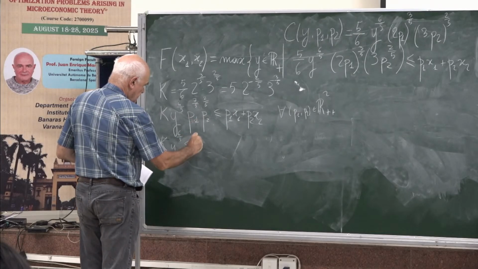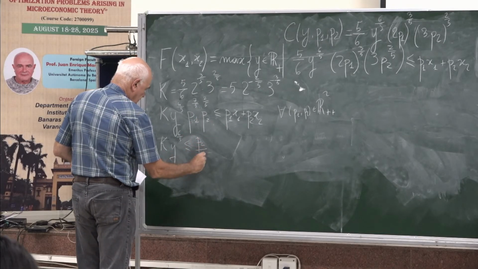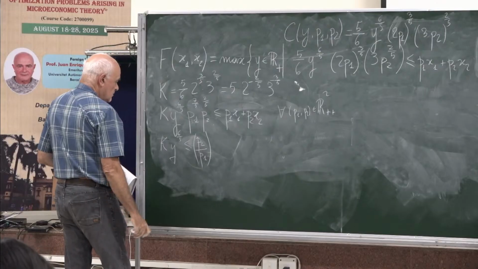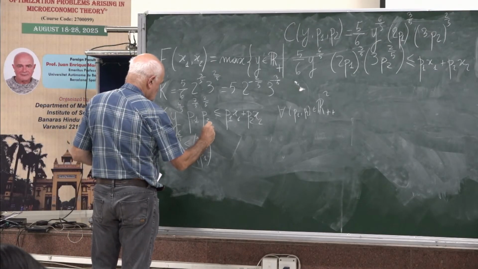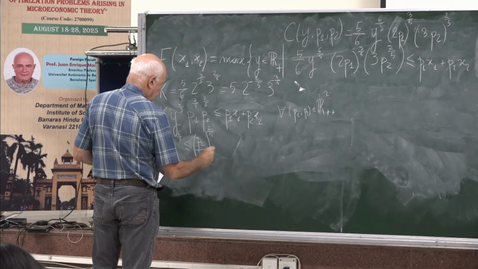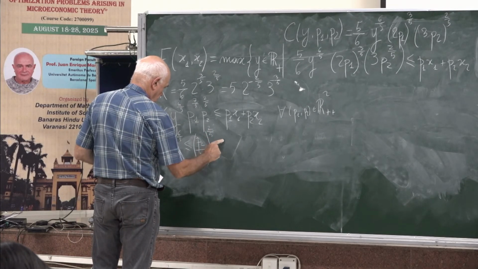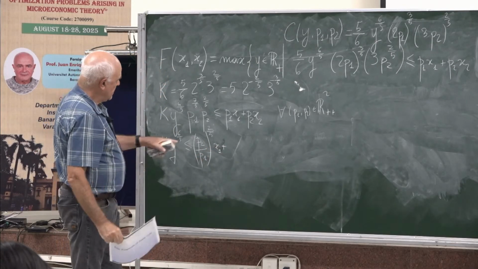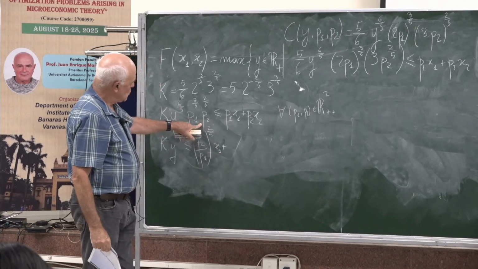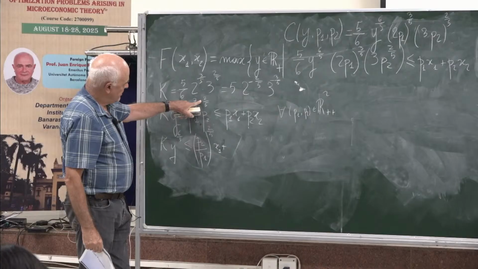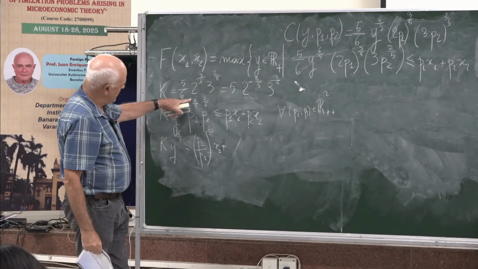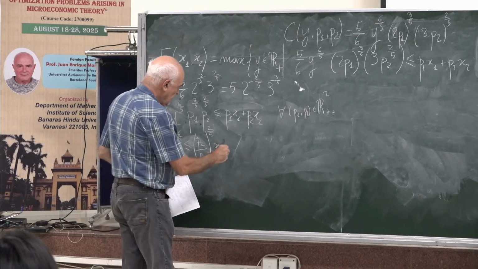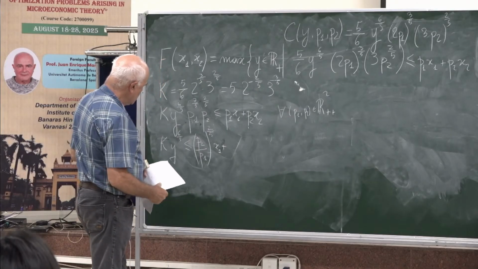So this gives P2 over P1 to the 2 over 5 x1 plus the same here, P2 divided by P2 to the power 2 over 5 is P2 to the power 3/5, which together with this P1 would give, but I don't think it is correct.